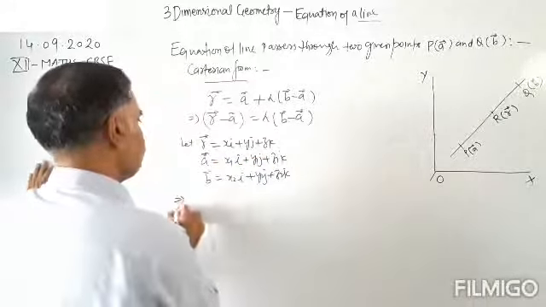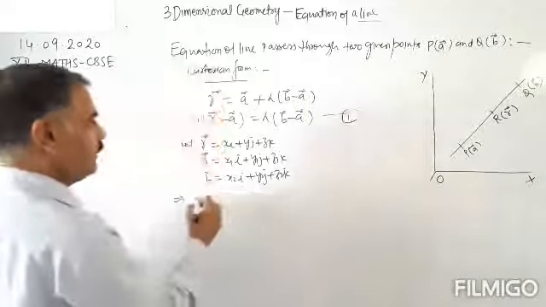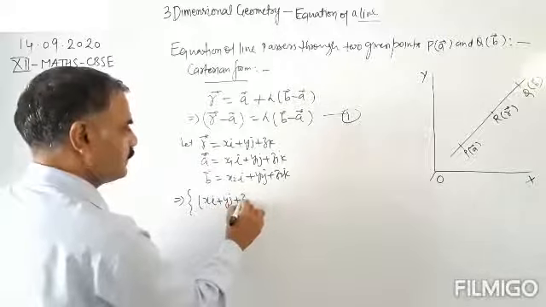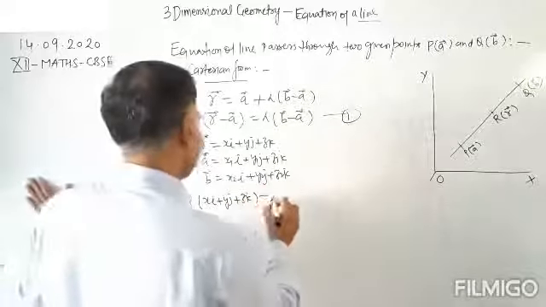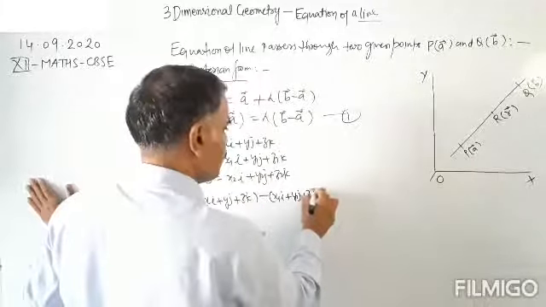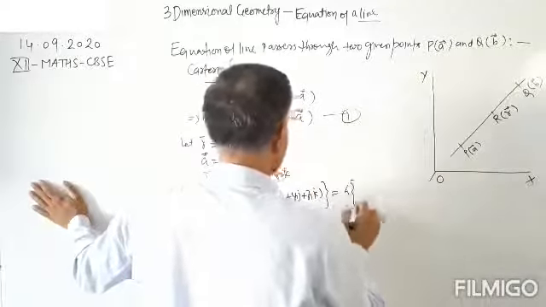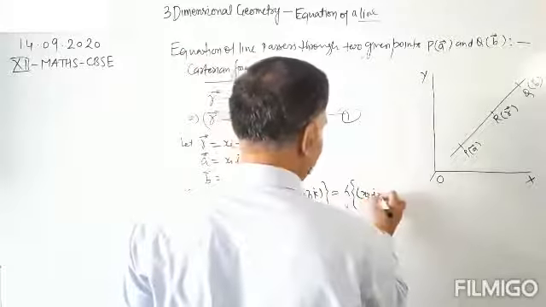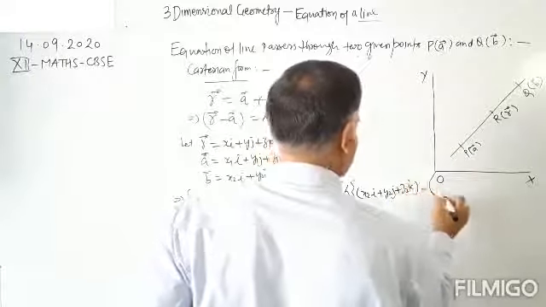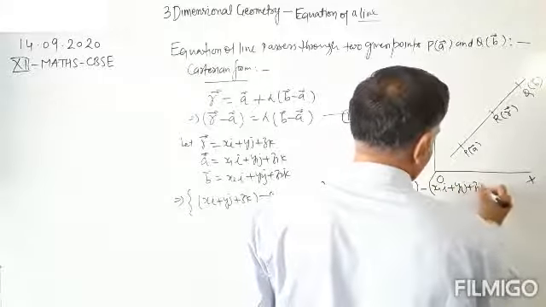Putting the values of r vector, a vector and b vector in equation number 1, we have x i cap plus y j cap plus z k cap minus x1 i cap plus y1 j cap plus z1 k cap, equals lambda into x2 i cap plus y2 j cap plus z2 k cap minus x1 i cap plus y1 j cap plus z1 k cap.